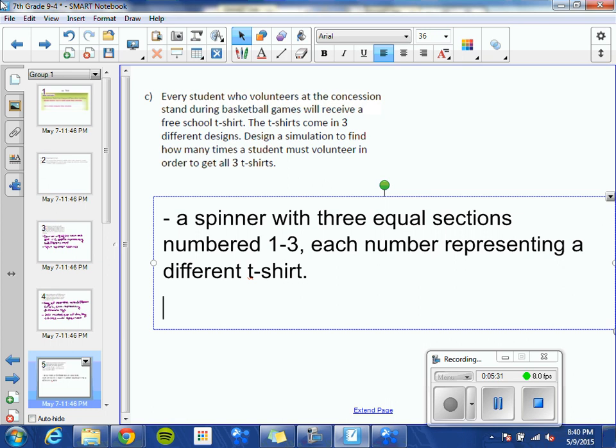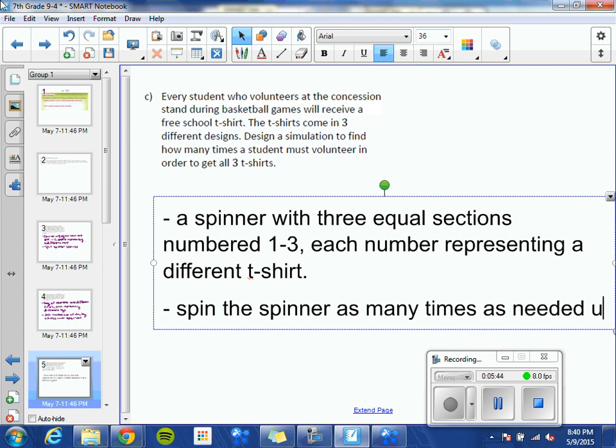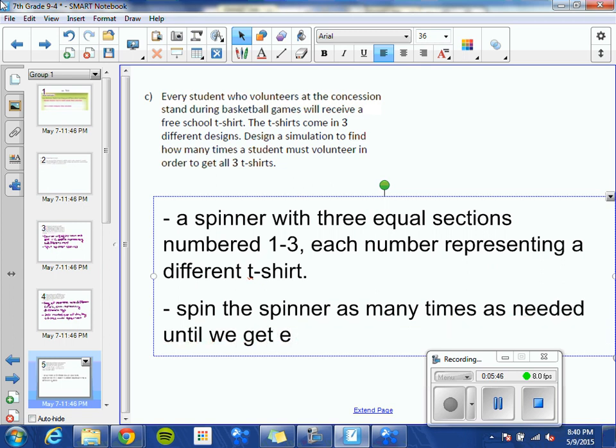Now we want to know how many times a student must volunteer in order to get all 3 t-shirts. So we would spin the spinner as many times as needed until we get each number. And from there, we would see how many times it took.